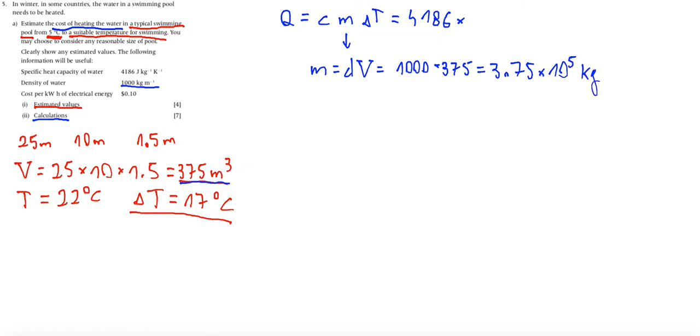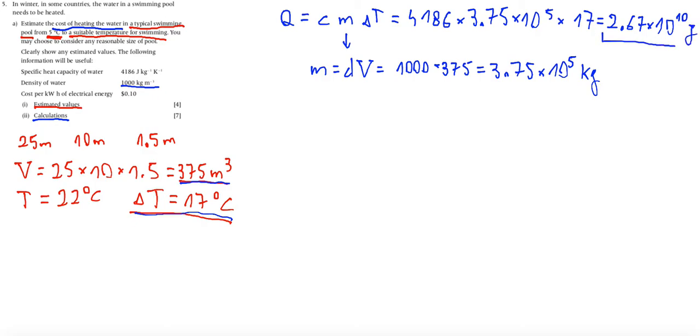Okay, so we have 4186 times 3.75 times 10 to the power of 5 times the change of temperature, estimated as 17 degrees Celsius, so times 17. Let me use the calculator: 4186 times 3.75 times 17 times 10 to the power of 5, so finally in my case it's 2.67 times 10 to the power of 10 joules.